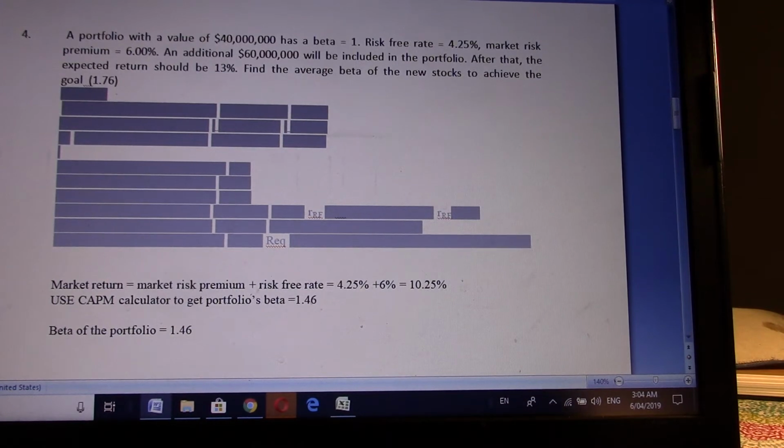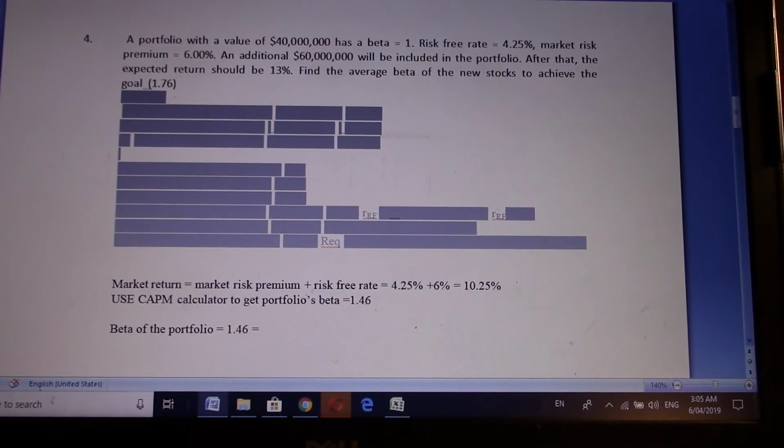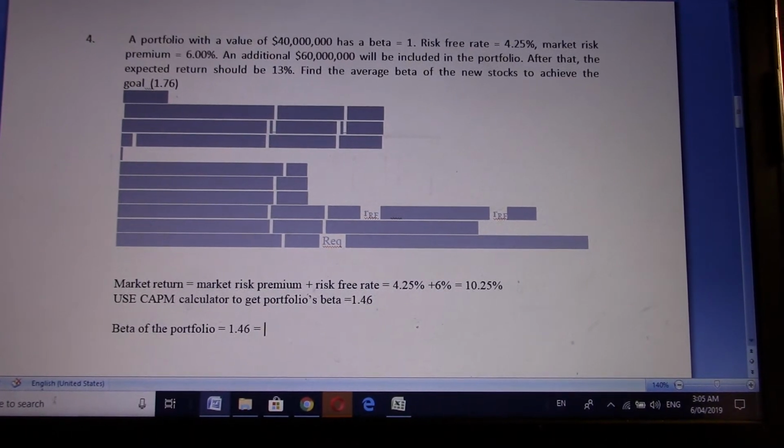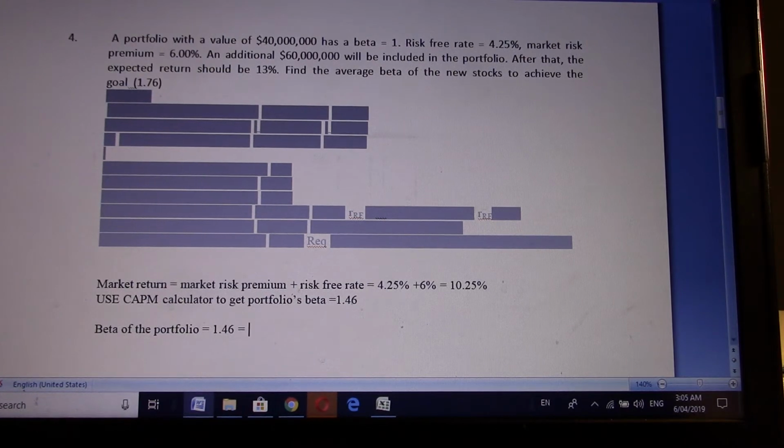We also know the equation for the beta of the portfolio. We have $40 million with a beta of 1. Also, we are going to invest in another stock with $60 million, whose beta is not known. The portfolio's beta is 1.46. Let's write down the equation here. We have a total of $100 million.